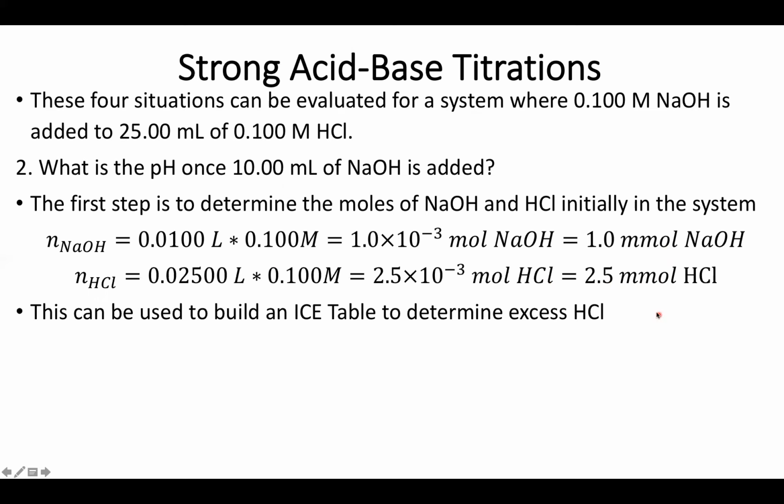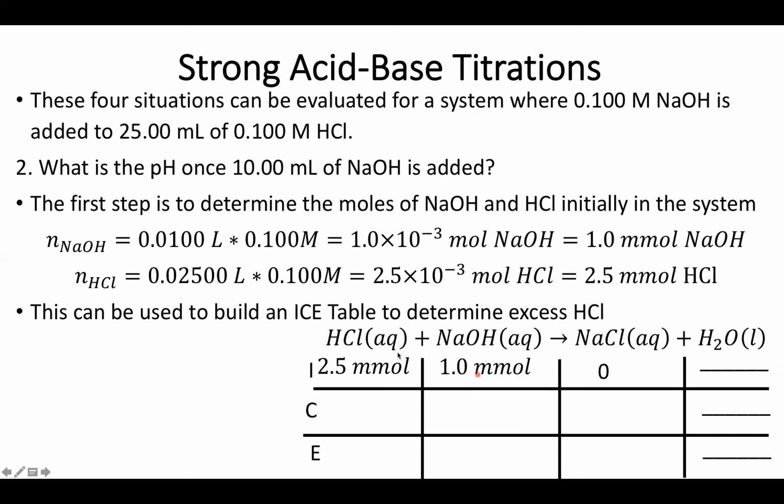This will tell me how much of my HCl will react with the sodium hydroxide, again making use of the fact that a strong acid and a strong base will always completely react with each other until one of them is completely consumed. So the key trick here is trying to identify who's my limiting reagent.